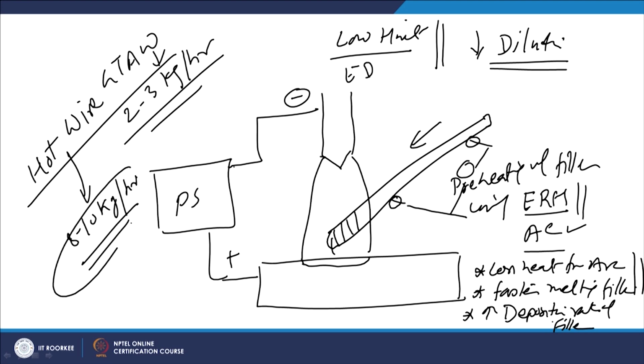So, this significant increase in the deposition rate associated with the hot wire GTAW process is facilitated primarily due to the preheating of the filler wire before feeding it into the arc zone for fusion to take place, and this happens primarily due to the preheat facilitated by the electrical resistance heating approach using AC.